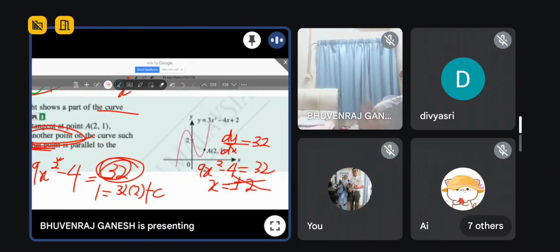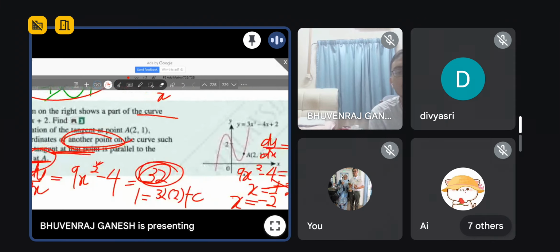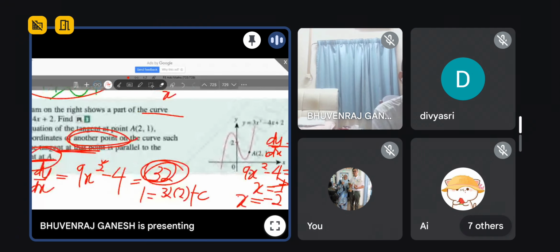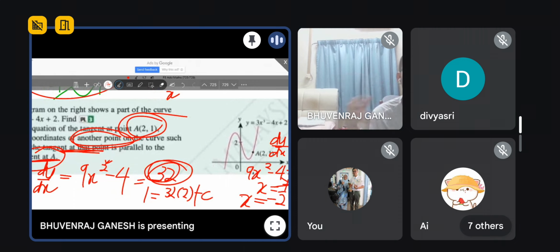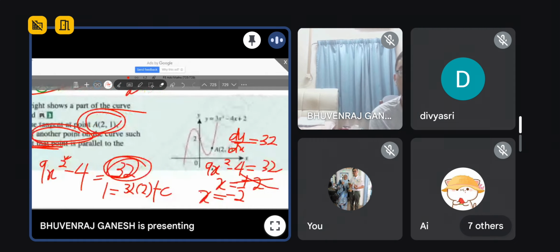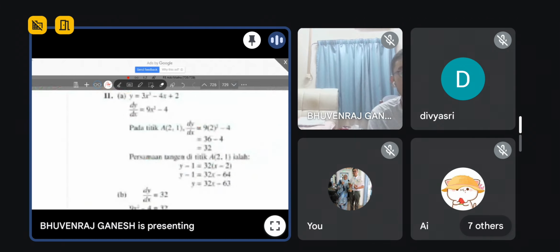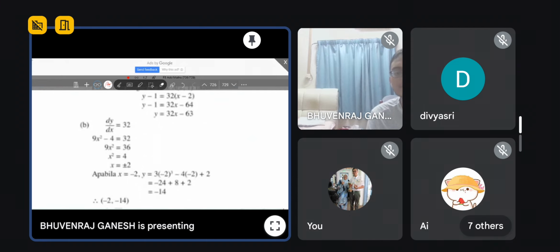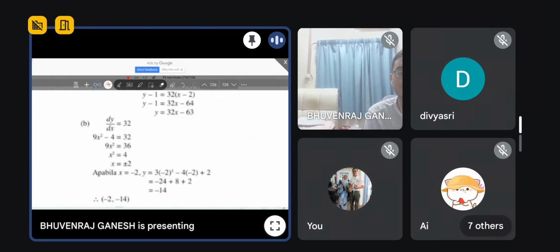So the answer is x equals negative 2. Then you substitute inside your y equation, then you find the y value. Make sure you don't use the positive 2 because positive 2 is already there. They want another point. So you use the negative 2. Okay, so this is the answer, like this. So another question we have done already. Not bad. Our progress is quite good.